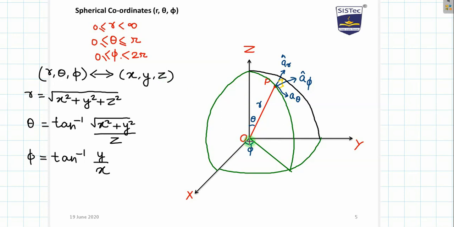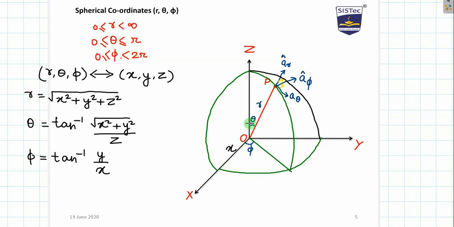Okay, so let's say this is your x axis. So what will be this x? Let's say I'm representing it with another color. Let's say this is your x. So what will be the value of this x? This x will be r.